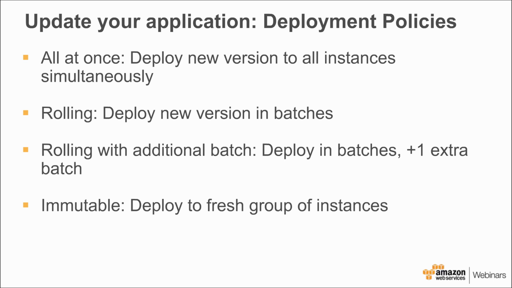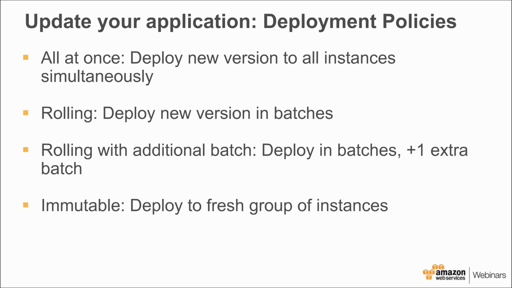So you can do all at once, which means that if you have version 1 running on your application, we'll just kill all version 1 and run version 2 on all the instances in your cluster. This has some potential downtime for your application, so it might be a very quick way to get your new application out, but do consider that it might impact users that are currently using your service.